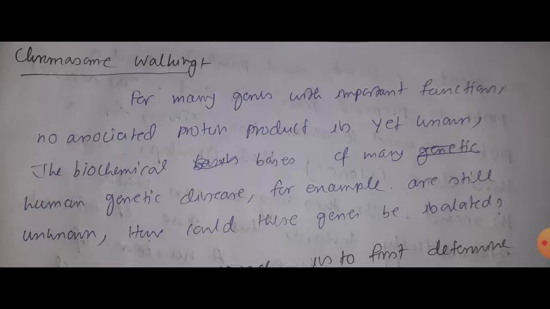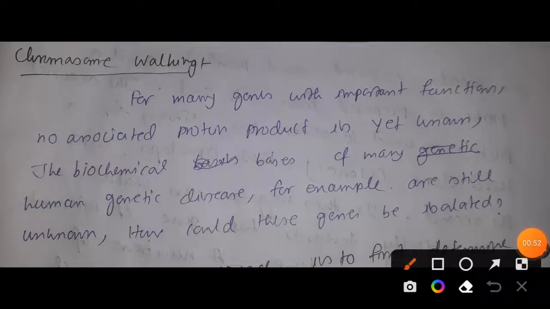Let's suppose a hypothetical situation where there is a particular genetic disorder in humans. We all know that a genetic disorder is due to some gene, but we don't know anything about that particular gene.